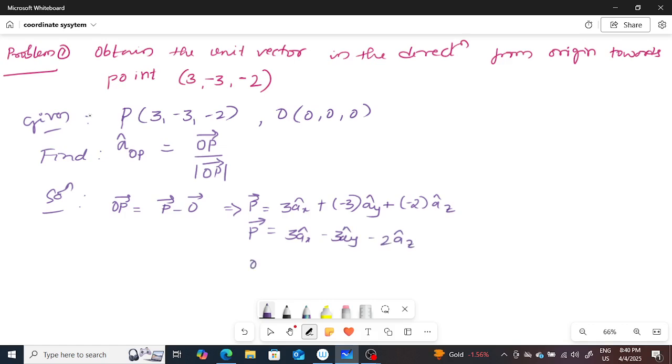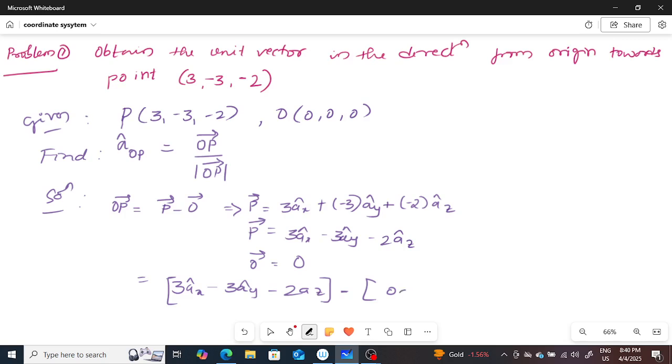How will you write the O vector? Is it necessary to write the O vector? No, it is 0. So P minus O is 3ax minus 3ay minus 2az, minus 0ax plus 0ay plus 0az.